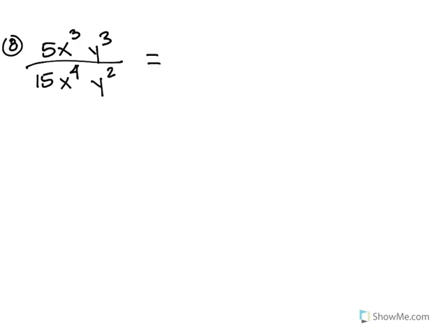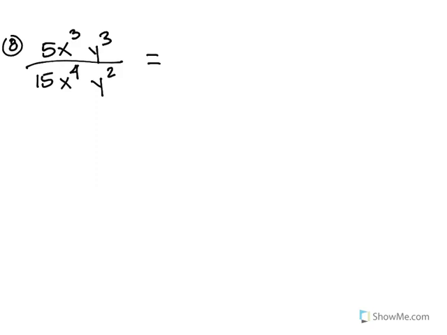So on number 8, we have 5x to the third, y to the third, over 15x to the fourth, y squared. So what I was saying, this is a monomial. Everything up there is single. You don't have any plus or minus signs joining anything.